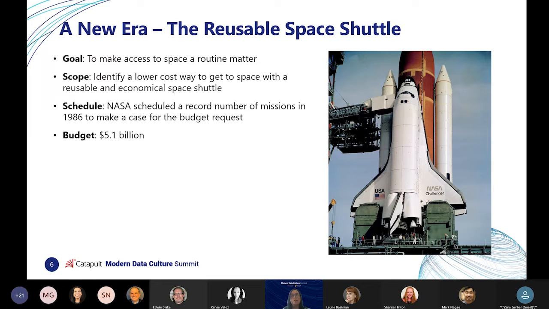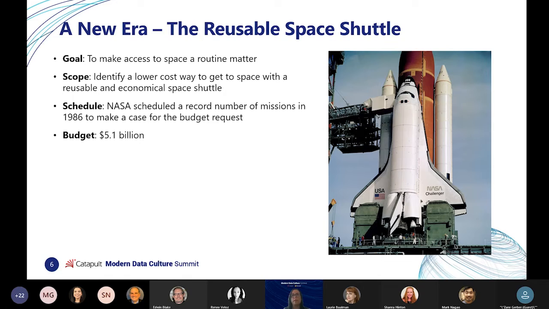Now, in the early 80s, they had wanted to schedule a record number of missions throughout the 80s, and specifically in 1986, there was a case to put a lot of pressure on having launches every so often throughout 1986, in order to make a case for the budget, which, as you can see, was at least about 5.1 billion.